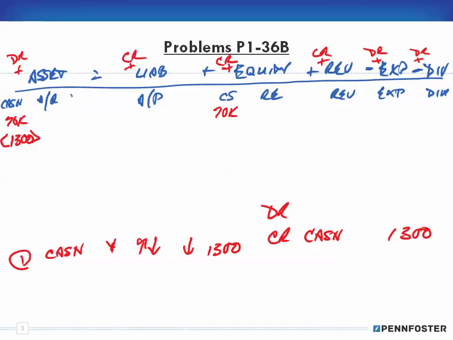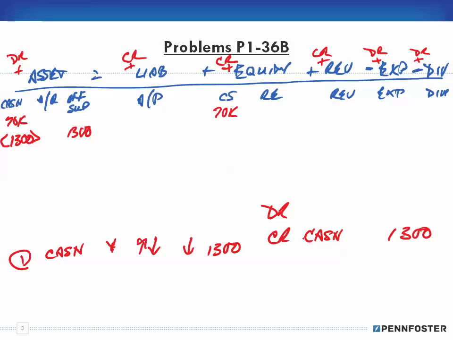Office supplies are an asset because we own them. Notice it's not office supply expense. If it was an office supply expense, it would be over here underneath expenses, but it's an asset, something we own. So our office supplies just increased by $1,300. It was zero before and it went up to $1,300.